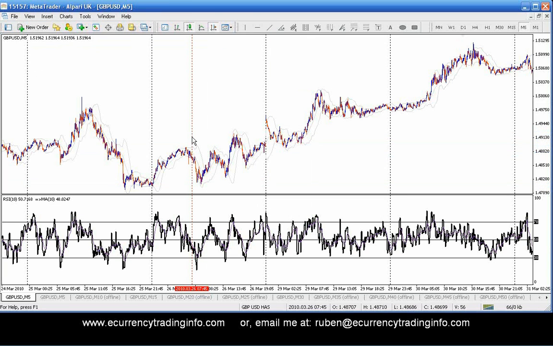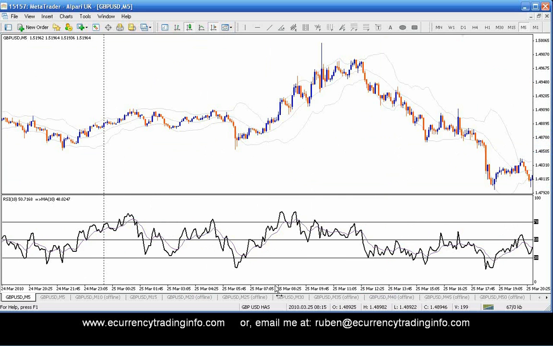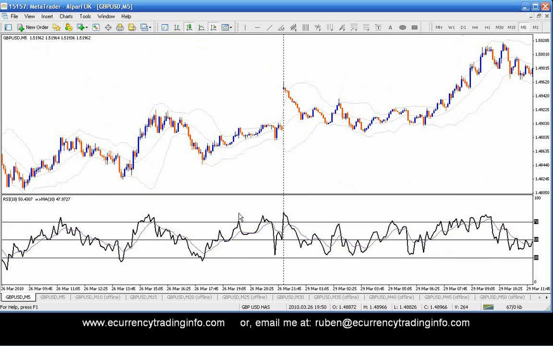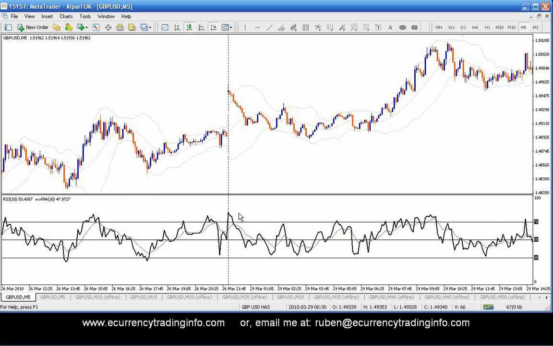What I do is I check the average daily range of the pound USD, and at the moment it's 181. It changes, but it's around that. It could be 170, it could be 200.